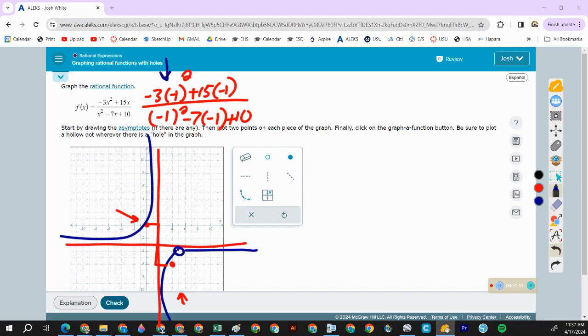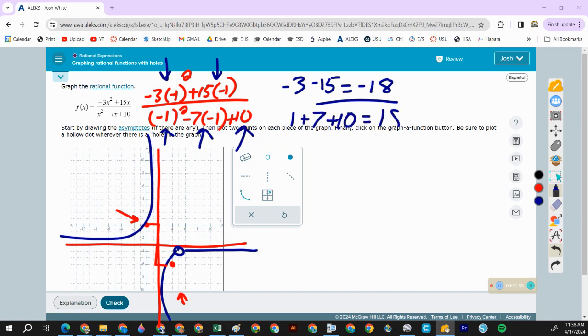So this stays negative 3, and this becomes negative 15. So negative 18 over, that is a 1, that is a plus 7, and that is a plus 10. So that's negative 1. So when x is negative 1, y is negative 1. So negative 1, 1. There's my other point. And then up 2 over 3, down 2 over 3. Okay, that's fine.